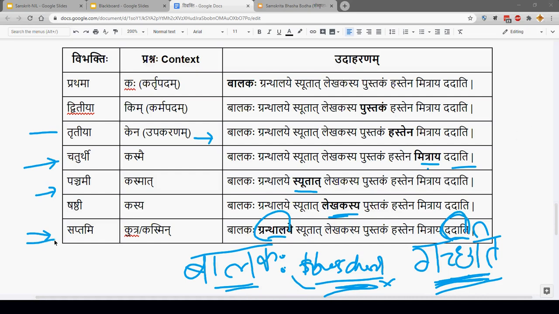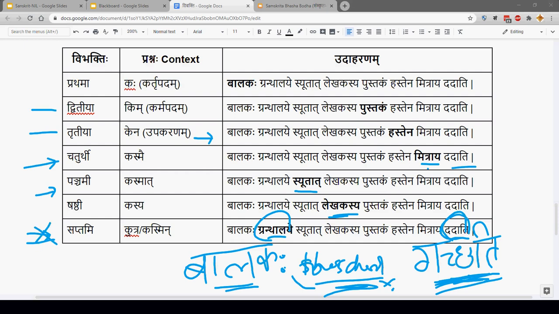So we cannot apply the seventh case affix also, because the going action is not being performed in the school or at the school. It is being performed outside the school, but the school is being reached. So the seventh case cannot be applied.